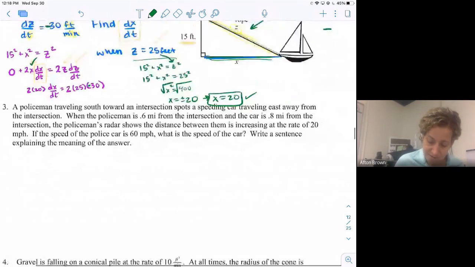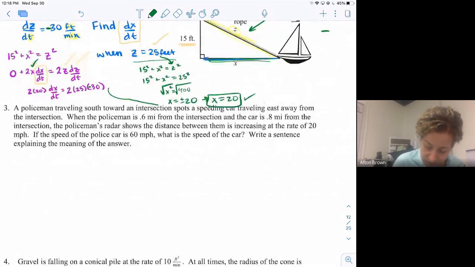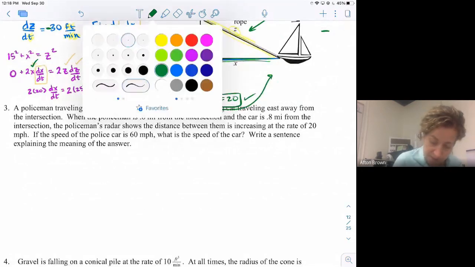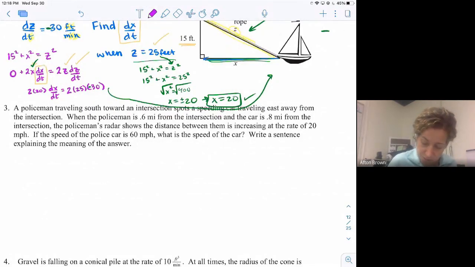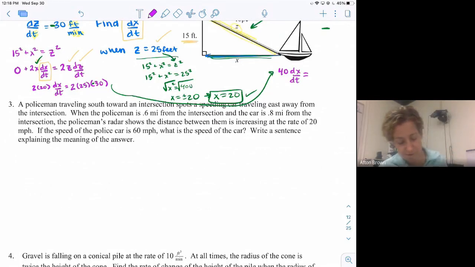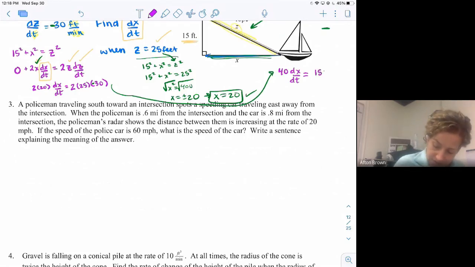So now it just is algebra. I'm going to bring this all the way over here since I'm running out of space. So I have 2 times 20. On the left, I have 40 dx/dt. On the other side, I have 50 times 30. So what is that? Right, 50 times 30, that'd be 15 with 2 zeros.